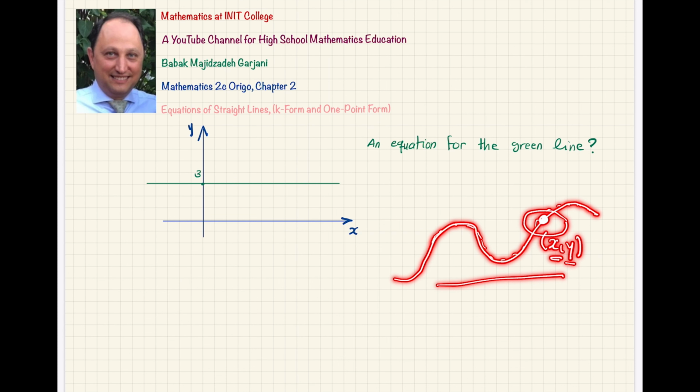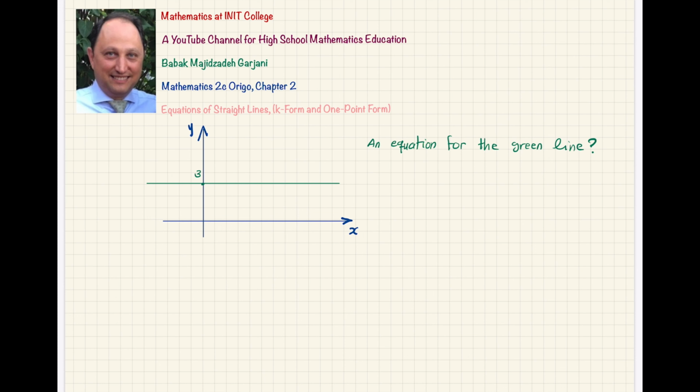This is important to understand when I say an equation, because you know that when I am dealing with a line, it means I am in the realm of geometry. I am dealing with a shape, which is a straight line here. On the other hand, when I ask you to write an equation, I am in the realm of algebra.